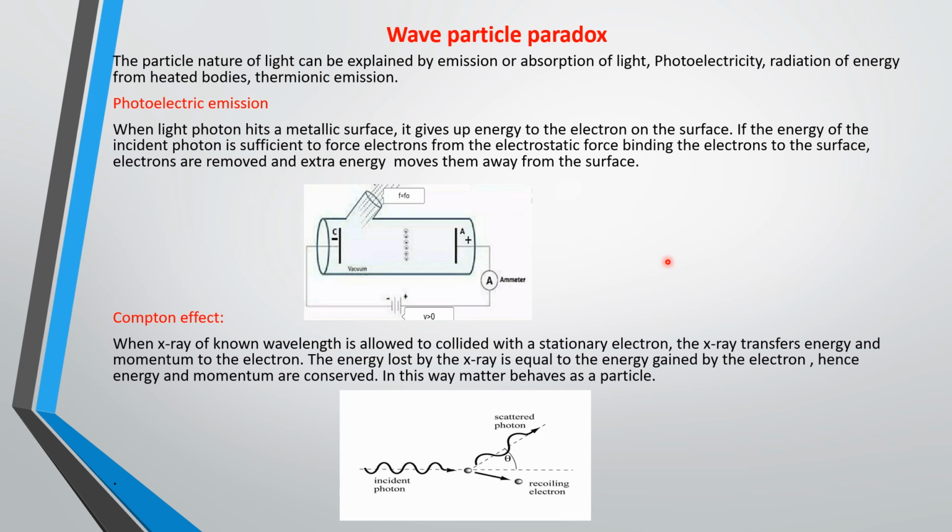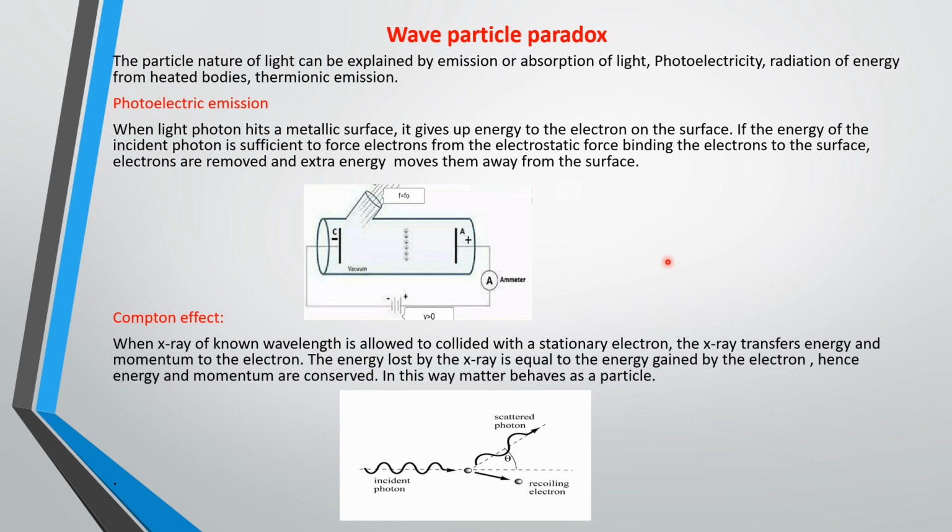In our previous lecture, we discussed the photoelectric effect, or photoelectric emission. Photoelectric emission occurs when a photon of light hits a metallic surface, and then electrons from that metallic surface are ejected and attracted to the anode.